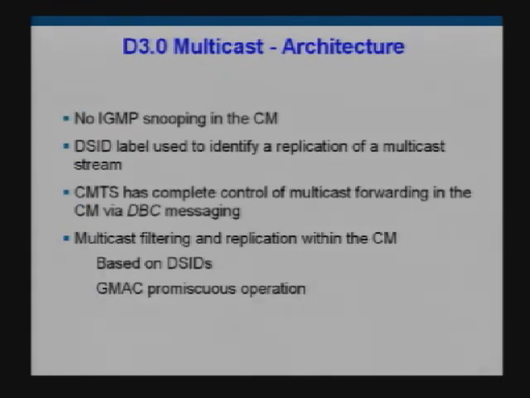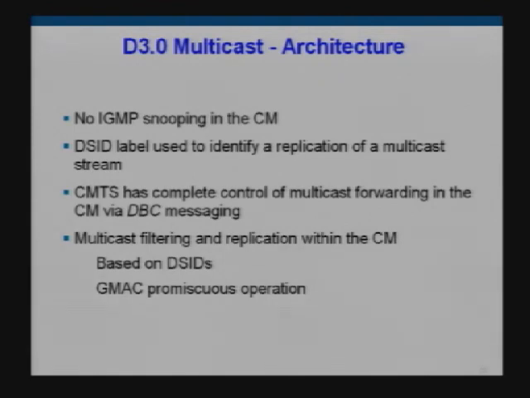Prior to DOCSIS 3.0, the way multicast was implemented was that the CM would do something like IGMP snooping, so that the CM knows which multicast groups' packets it needs to forward from the RF side to the customer premise side.